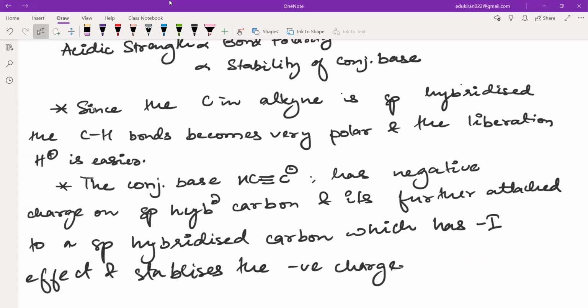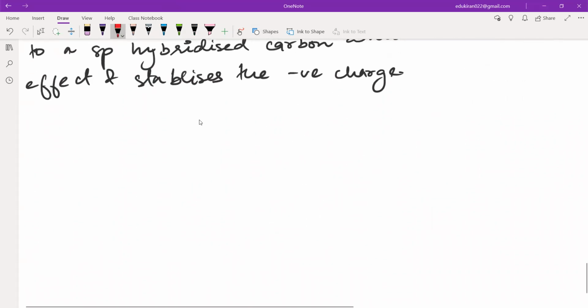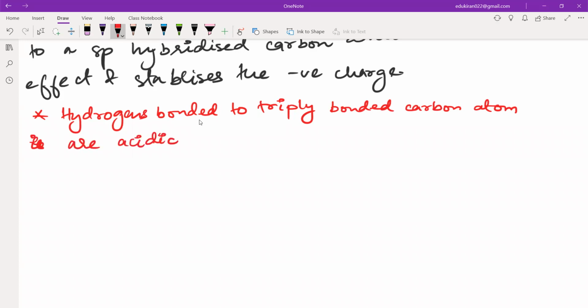Now, please remember one point: you can conclude that hydrogen bonded to a triply bonded carbon atom is acidic. Not any other hydrogens, only those hydrogens.